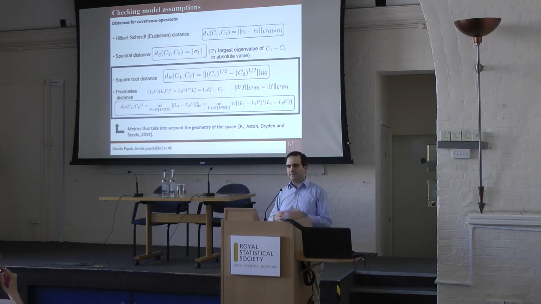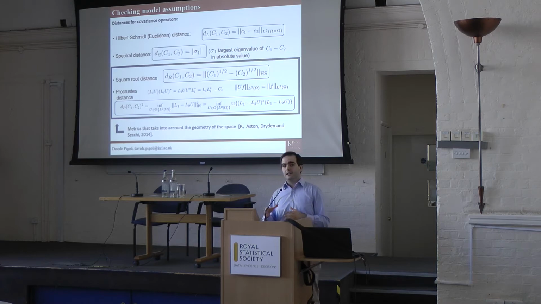This is one way to take into account the nonlinear geometry of the space. Or, a bit more complicated, the Procrustes distance, which we extended to the case of infinite dimensional operators.